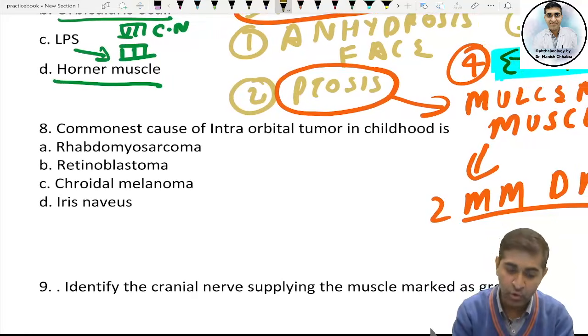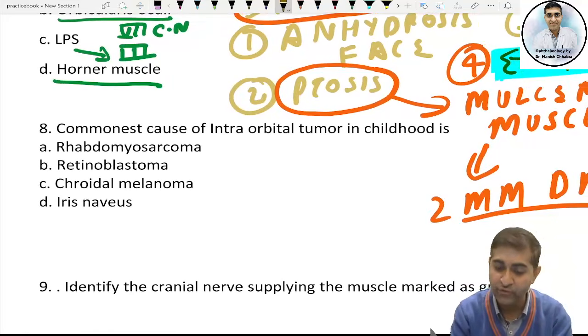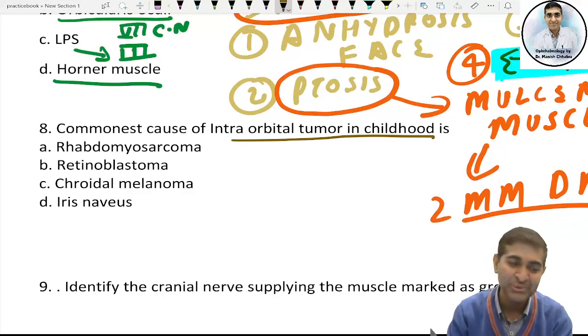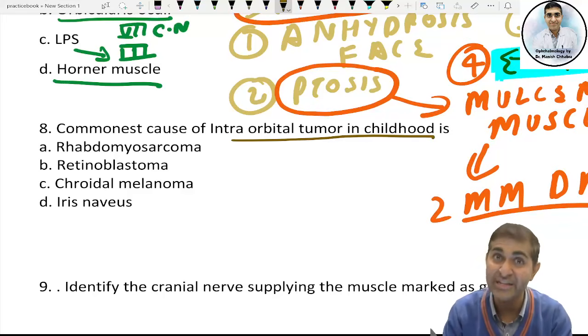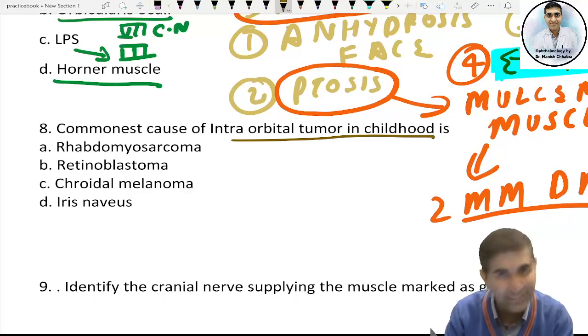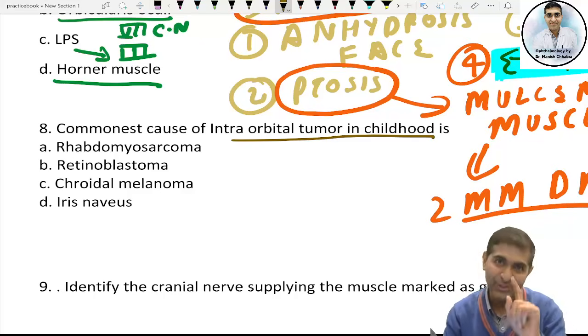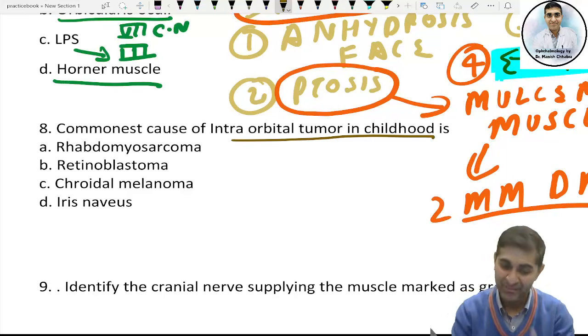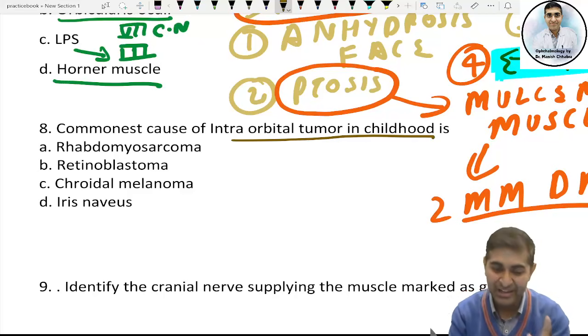Now coming over to the commonest cause of intraorbital tumor in childhood. Now when we are in the country where we go to buy some vegetables, we accept some hara dhania and hari mirchi free. So although this is a single liner question, I am going to give you a buy one get 3 free offer. How? First, let's mark this single liner question.